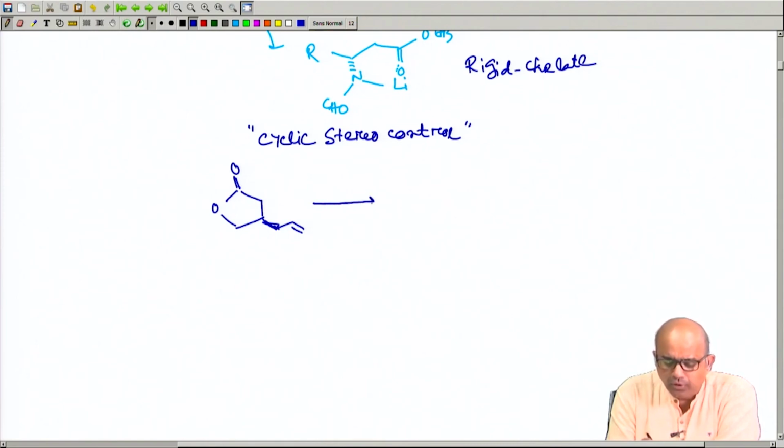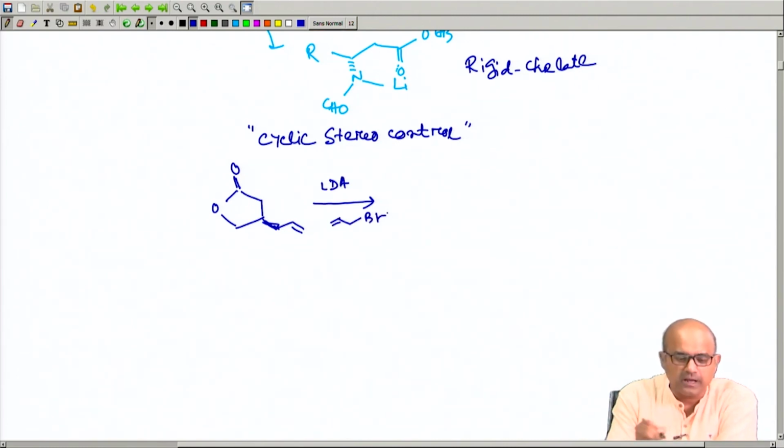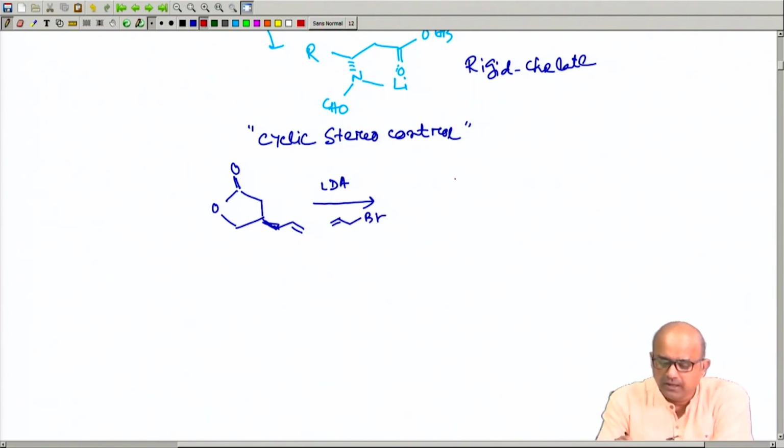This is a 5-membered lactone, or butyrolactone, already having a pre-existing chiral center, which is a beta allyl group. You treat with a base, LDA, and then you treat with another electrophile, which is another allyl bromide, and it is very easy to predict. In the parent compound the allyl group is beta.